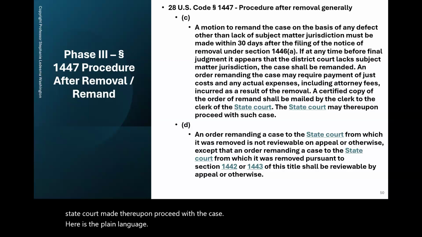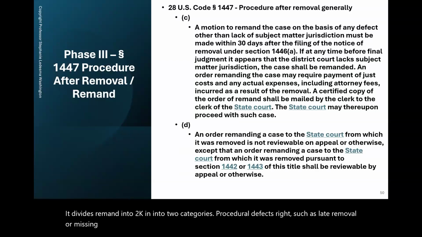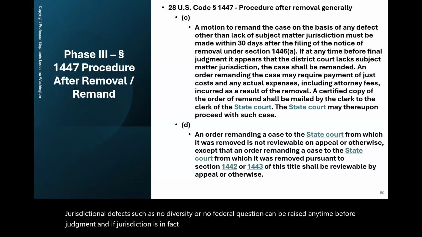Subsection C of 28 U.S.C. 1447 is the heart of 1447. It divides remand into two categories: procedural defects, right, such as late removal or missing consent, must be raised within 30 days. Jurisdictional defects, such as no diversity or no federal question, can be raised anytime before judgment. And if jurisdiction is in fact missing as a jurisdictional defect, remand is mandatory.